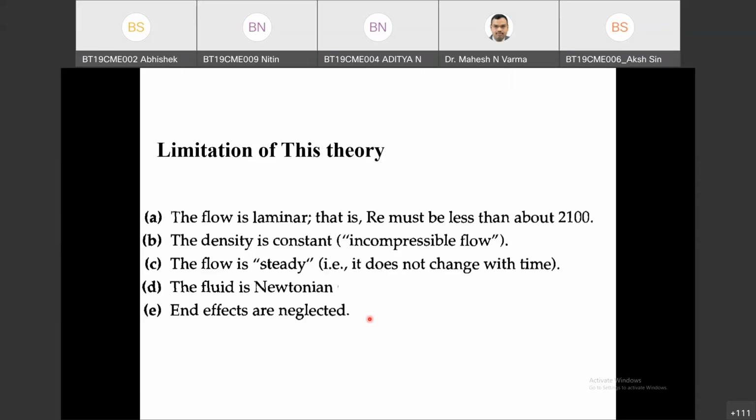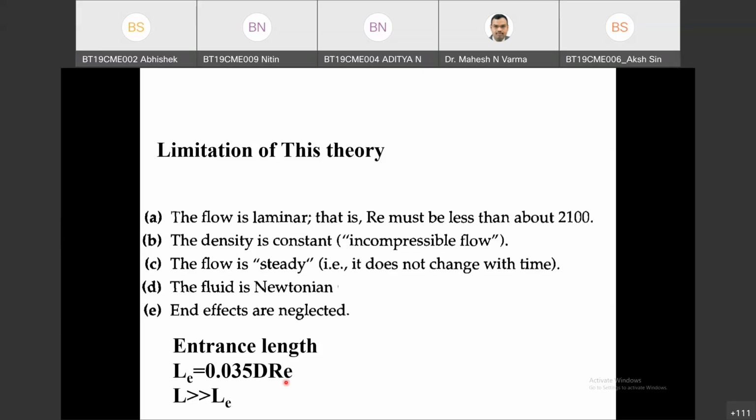When in real life you are solving any problem, you can judge whether that model equation can be used for the case you are dealing with, whenever you are designing anything in future. So limitation is also important. These are the limitations of this theory, flow through pipe.